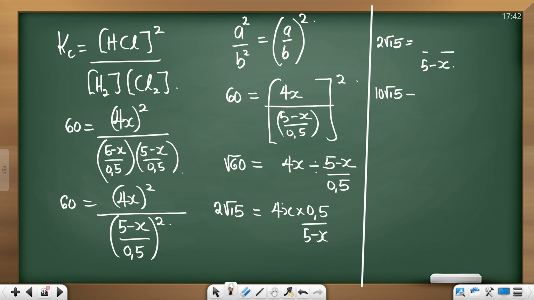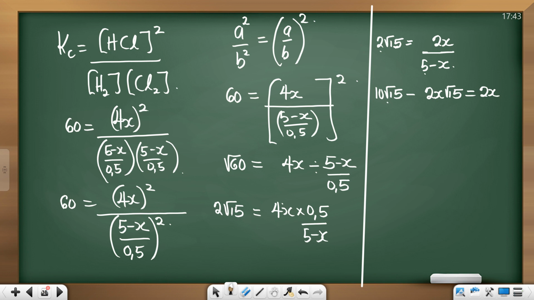Okay, at least you're following, you're not sleeping. 2X. Now from here, guys, it really depends on how you want to work around your mathematics. Please don't cancel. So I cross multiply. 2 times 5 will give me 10 root 15 minus 2X root 15 equals 2X.